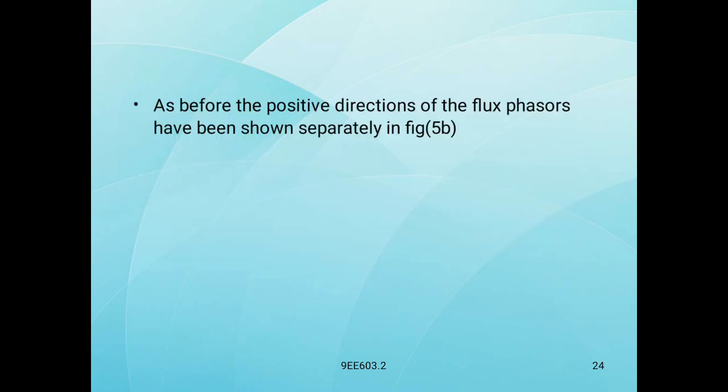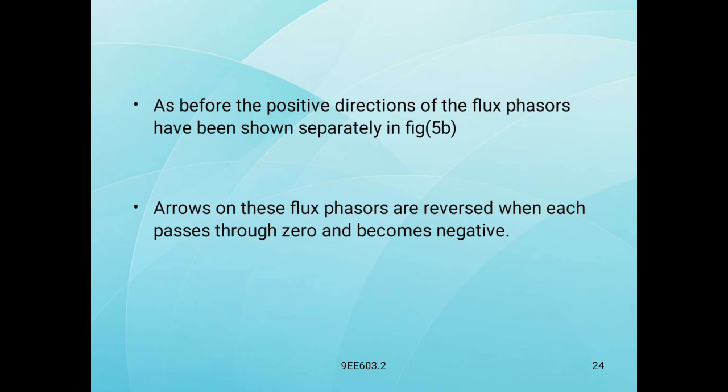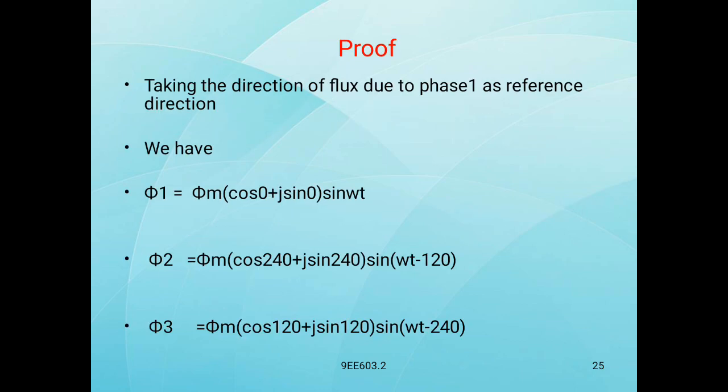As before, the positive direction of the flux phasors has been shown separately in figure 5. So here the arrows on the flux phasors are reversed when each phase passes through 0 and becomes negative.